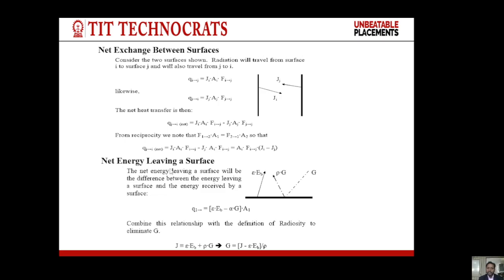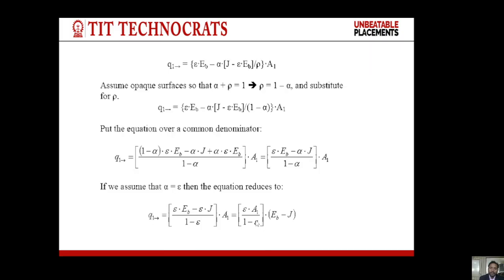The net energy leaving a surface is calculated by J equal to epsilon EB plus rho G. So this is also a final formula to calculate the net radiation emitted from any surface, that is Q1 is equal to epsilon A1 upon 1 minus epsilon, times EB minus J.